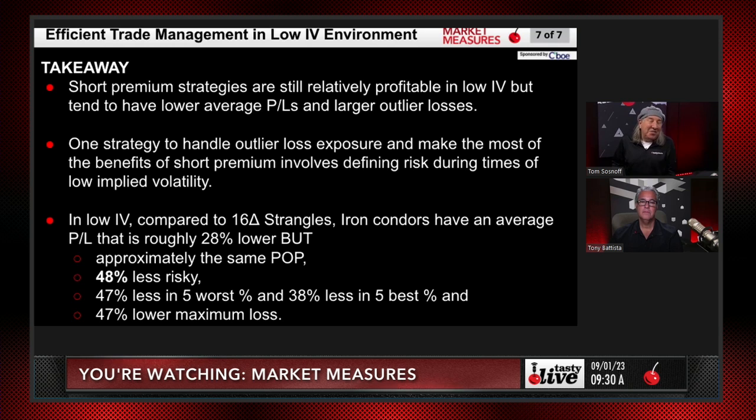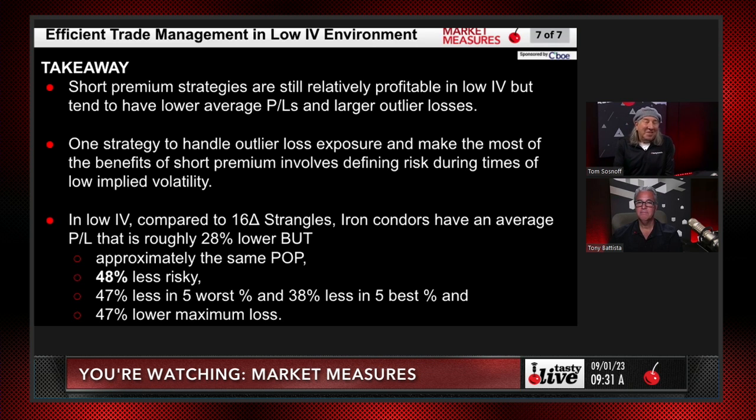And I guess this is your money shot here. Iron condors have 28% less P&L, approximately the same POP, but they're 48% less risky. They're 47% less in the 5% worst outcomes, 38% less in the 5% best outcomes, and have a 47% lower maximum loss.